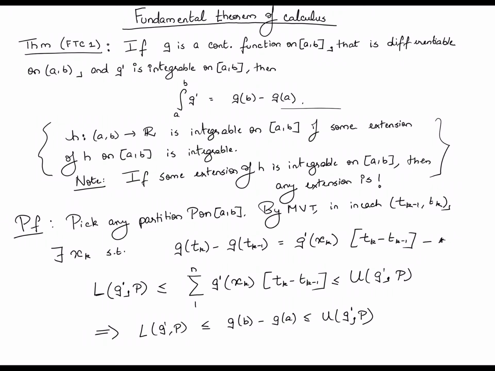Right? So for any partition P, the lower sum and the upper sum are sandwiched around g(b) minus g(a).